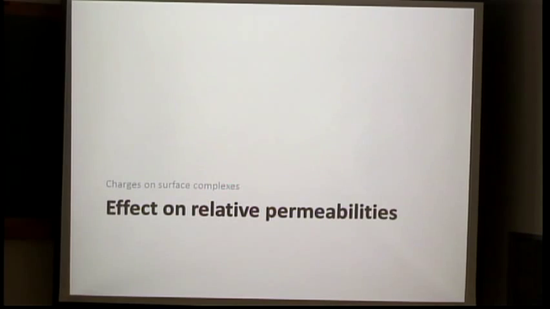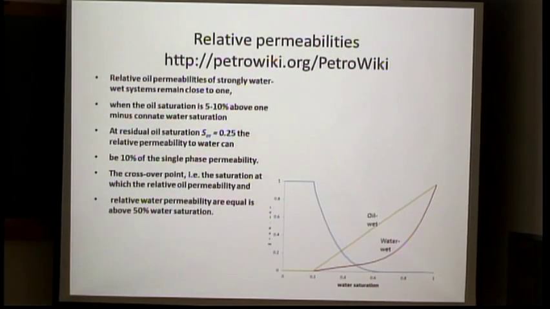So what's the effect of all this on relative permeabilities? Relative permeabilities basically translate pressure gradients into flow. And depending on their shape, there will be more or less water displaced.